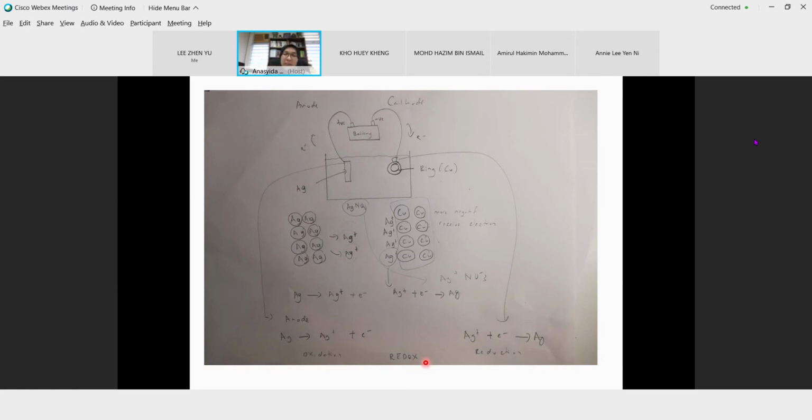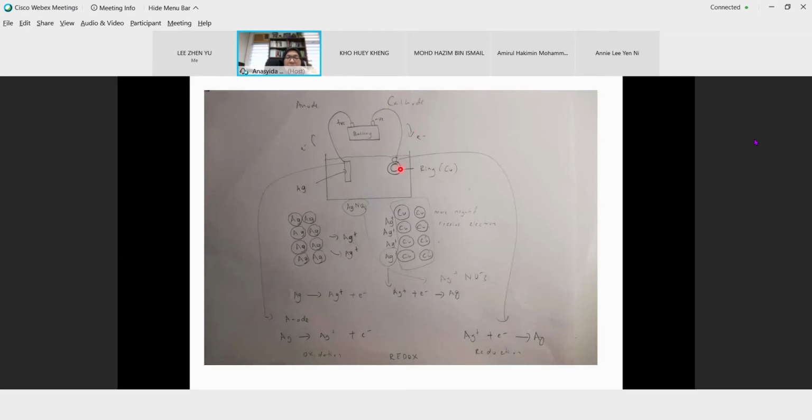Okay, so boleh nampak tak saya punya drawing yang tak berapa nak cantik ni? So imagine you punya cincin, ring for your engagement ke whatever. This is a ring made from copper. You want to coat this ring with silver. So what happened here? You connect the ring to the negative, which is the cathode, right?